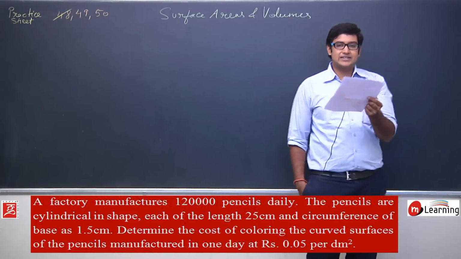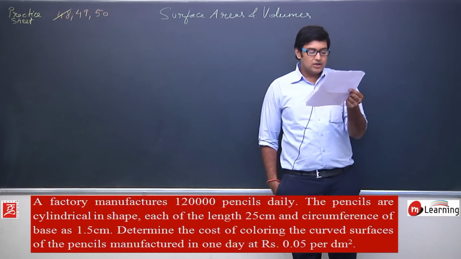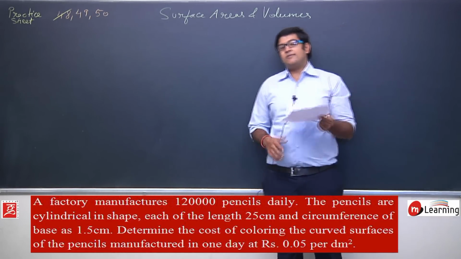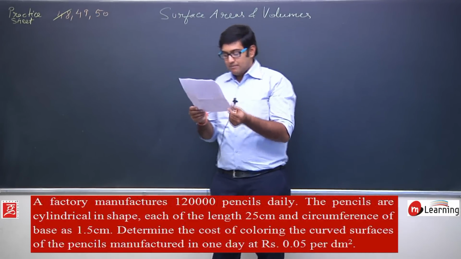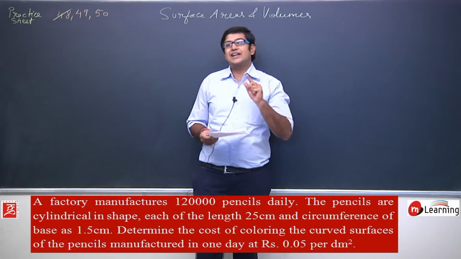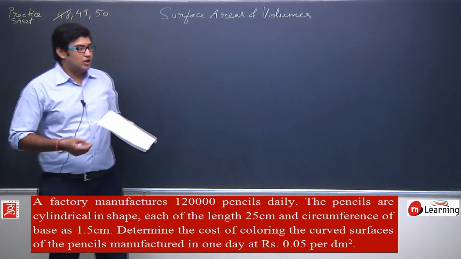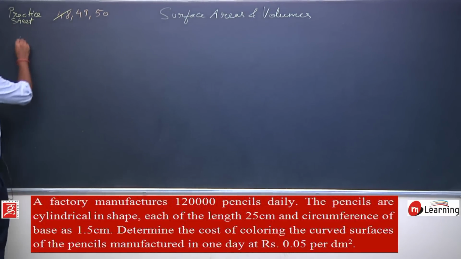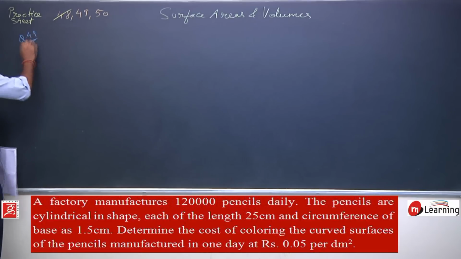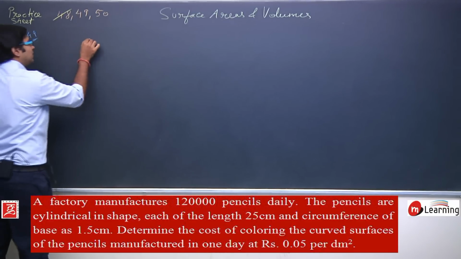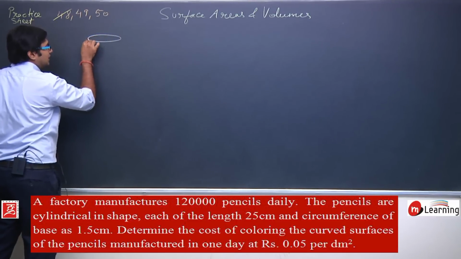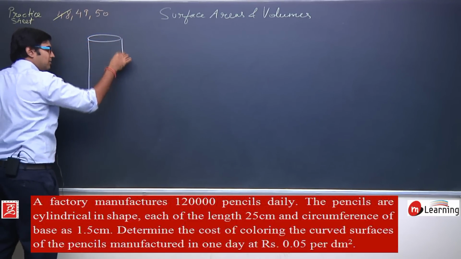What the question says is that there is a factory which manufactures 1,20,000 pencils. Now the pencils are cylindrical in shape. So if I draw a pencil, how the pencil looks like? It simply looks like a cylinder, like this. You have seen the normal pencil.